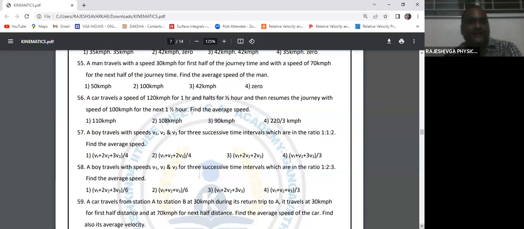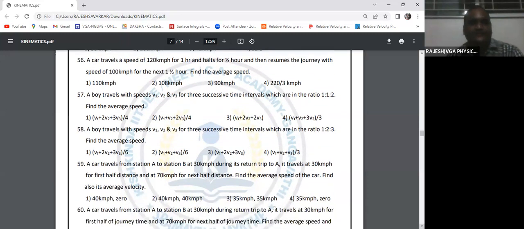Third, 100 km per hour into 1.5 hour, that is 150. So total distance is 120 plus 150, 270. Total time is 1 hour plus half an hour and 1.5 hour, 3 hours. 270 by 3, so 90 km per hour. Average speed is V1T1 plus V2T2 plus V3T3 by T1 plus T2 plus T3. The same formula.